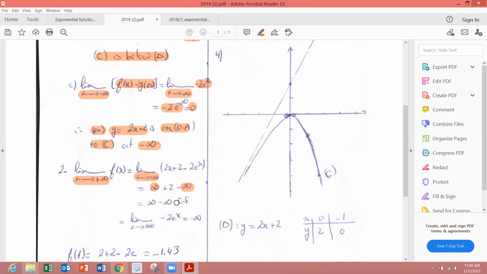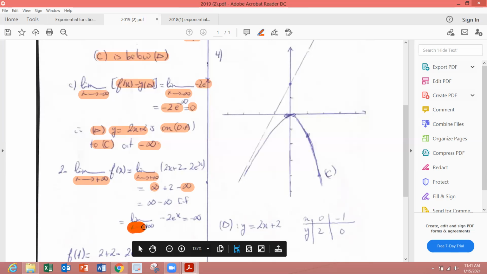Infinity minus infinity is an indeterminate form. So we take the highest power. The highest power between x and e to the x is e to the x. So it will be the limit as x tends to plus infinity of minus 2e to the x, which equals minus infinity.